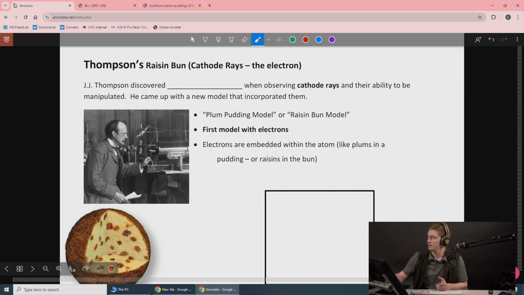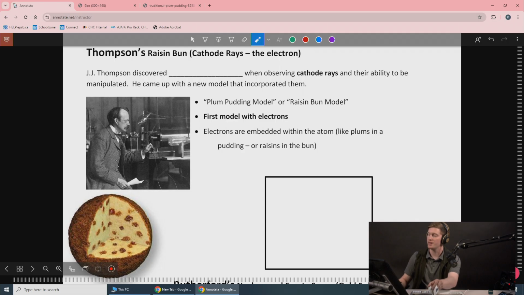Thompson. Thompson's model is the raisin bun model, sometimes called the plum pudding model. Thompson discovered electrons, and so now it's not just a solid sphere, we've got something in that solid sphere. So he observed cathode rays and their ability to be manipulated.